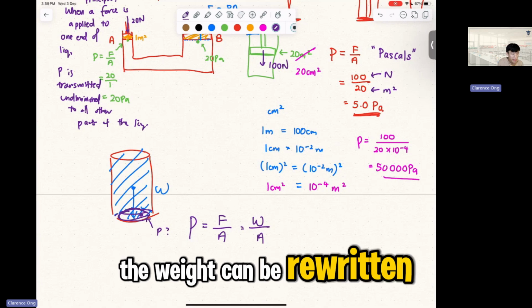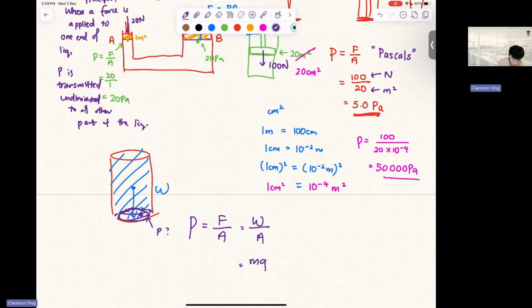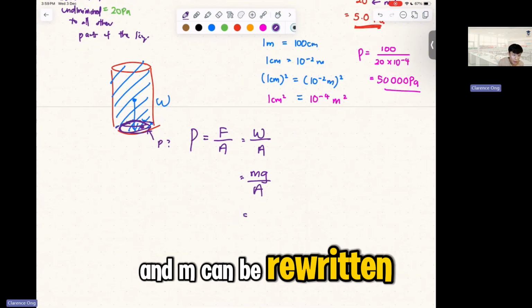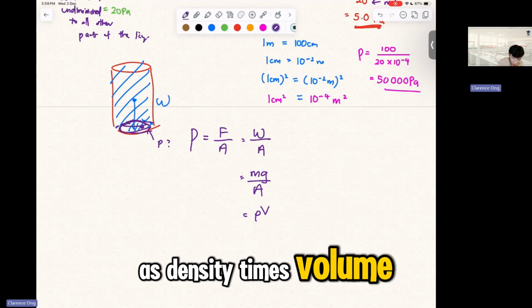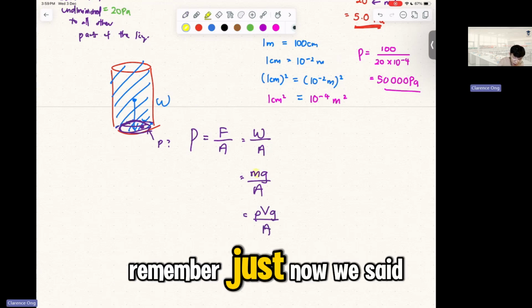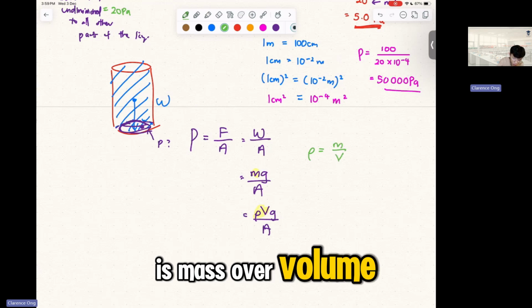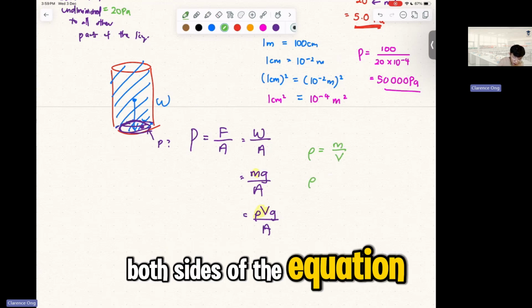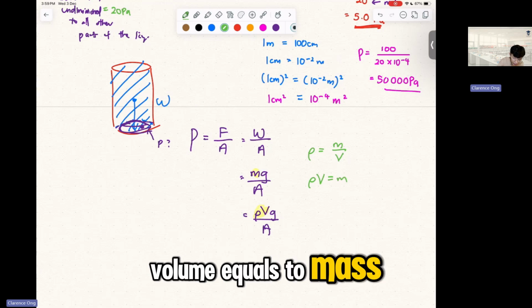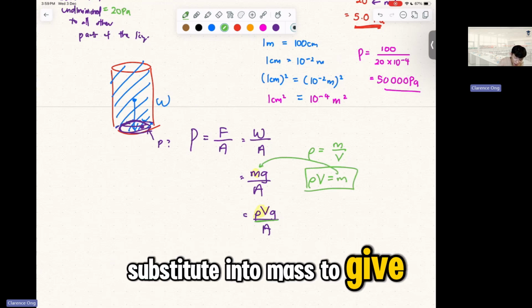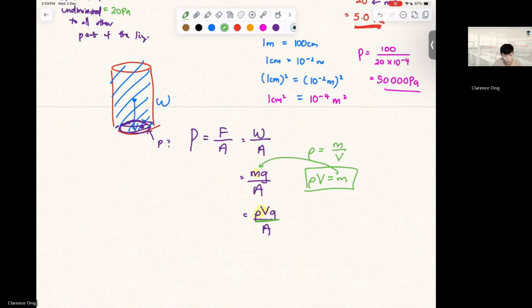The weight can be rewritten as mg, mass times gravitational field strength, and m can be rewritten as density times volume. Remember just now, we said that the density is mass over volume. If I multiply volume to both sides of the equation, I get density times volume equals mass. And this one, I can substitute into mass to give me this expression.